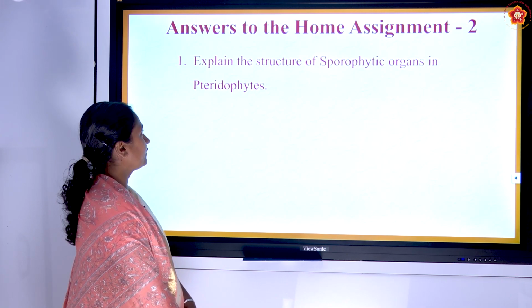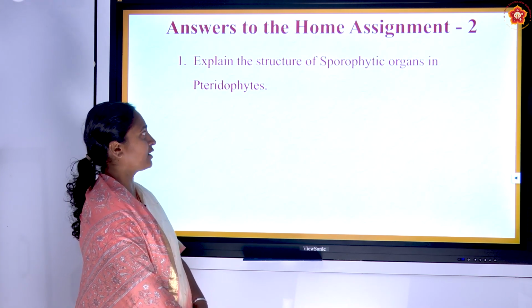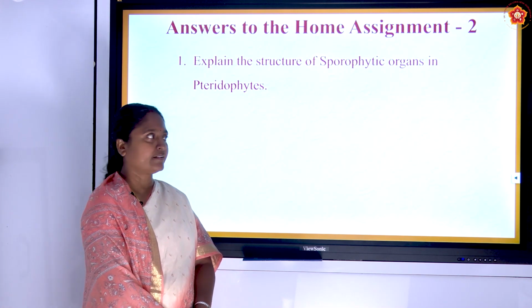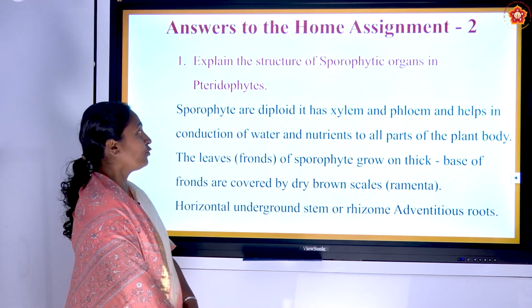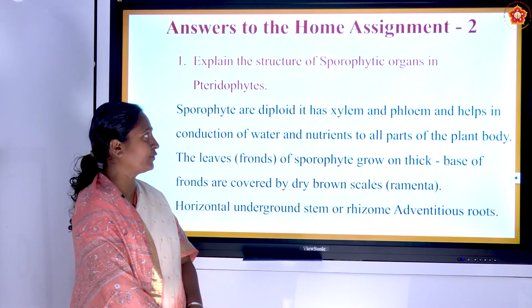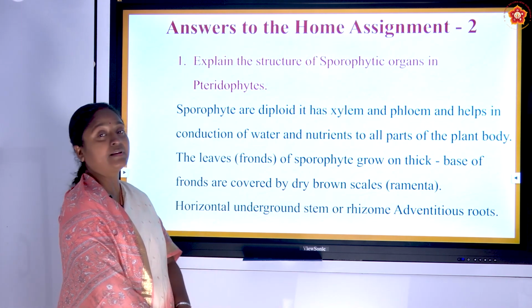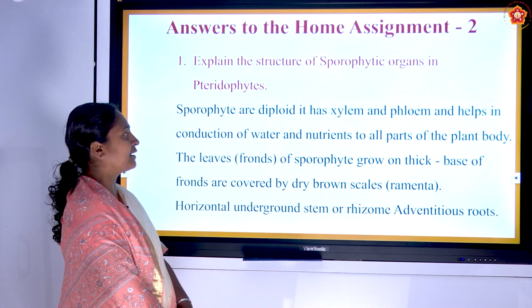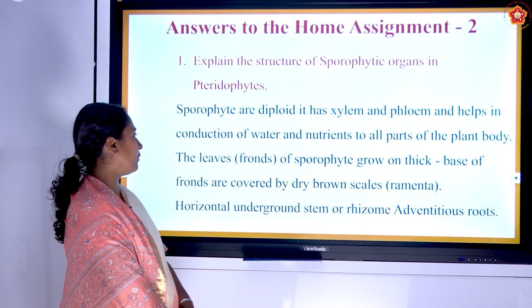The first question asked was, explain the structure of sporophytic organs in pteridophyte. The sporophytes are diploid. They will show xylem and phloem tissue, which helps in the conduction of water and nutrients to various parts of the body.